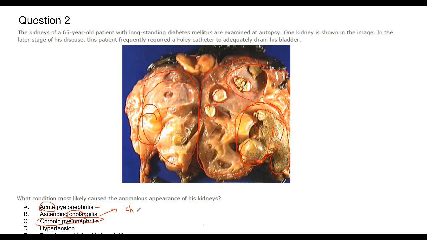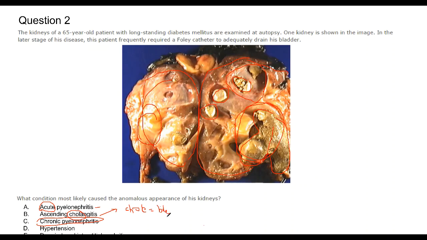Okay, so what is chola? Chola is cholesterol, like. I mean, you're right, it is cholesterol. So chola means bile, basically.